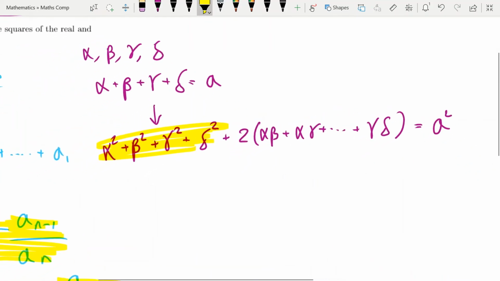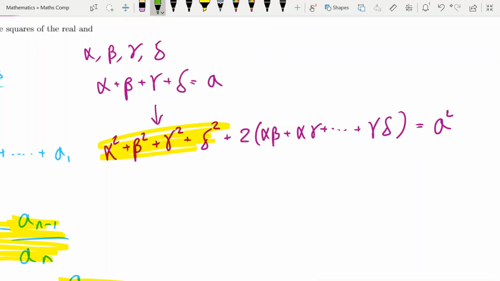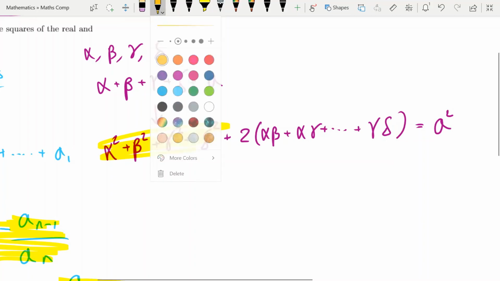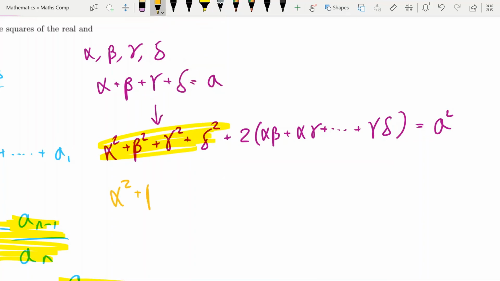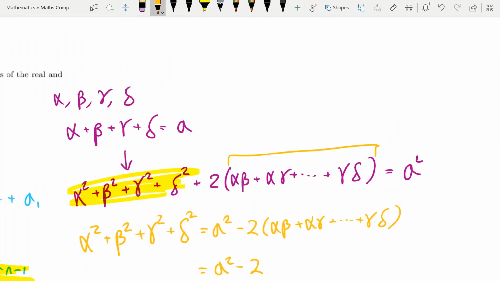So we can rewrite this a bit more. This is our aim to get here. And this is equal to a squared minus 2 times, well, this thing here, this is the sum of the pairs of the roots.